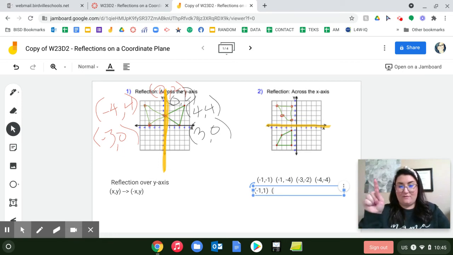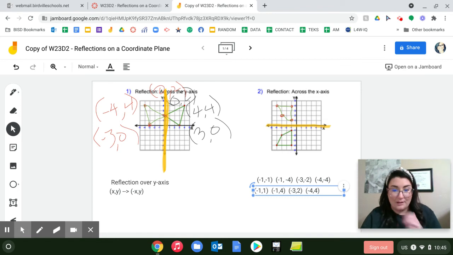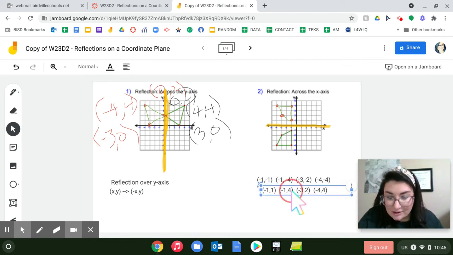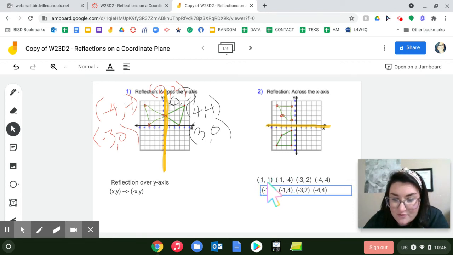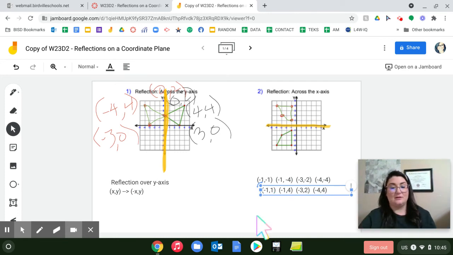Then we went -1 up 4. So +4 there. We went -3 up 2. And then we went -4 up 4. So just like we predicted earlier, our y values here went from negative to positive. So they are the values that became the opposite.